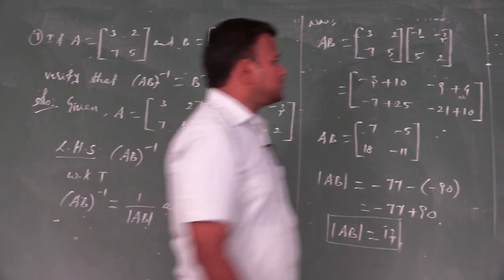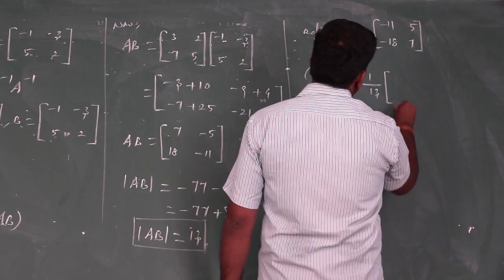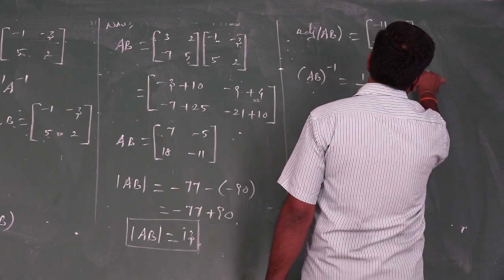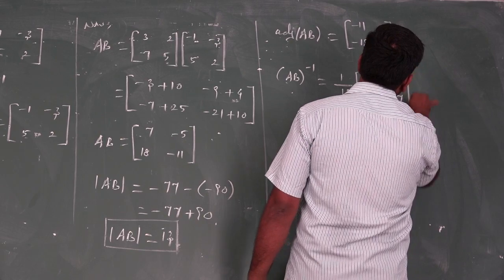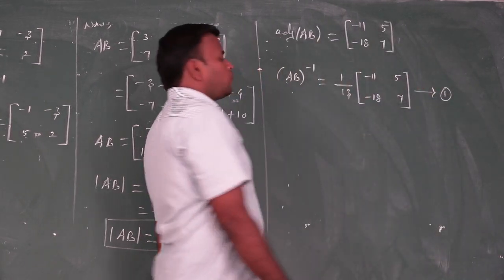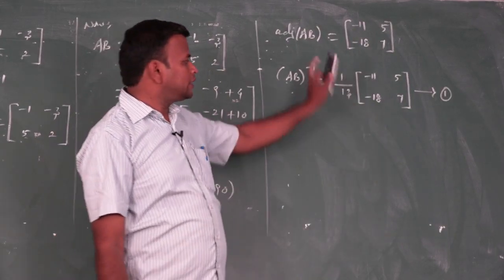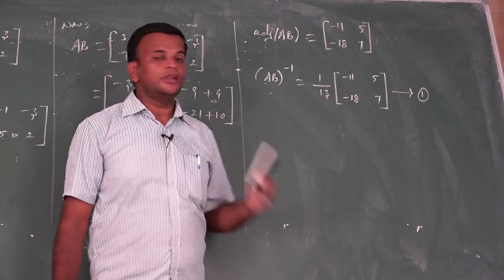So 1 by 13 into adjoint AB: minus 11, 5, minus 18, 7. So I call this equation 1. You see, I keep 1 by 13 outside. This is the value of AB the whole inverse.